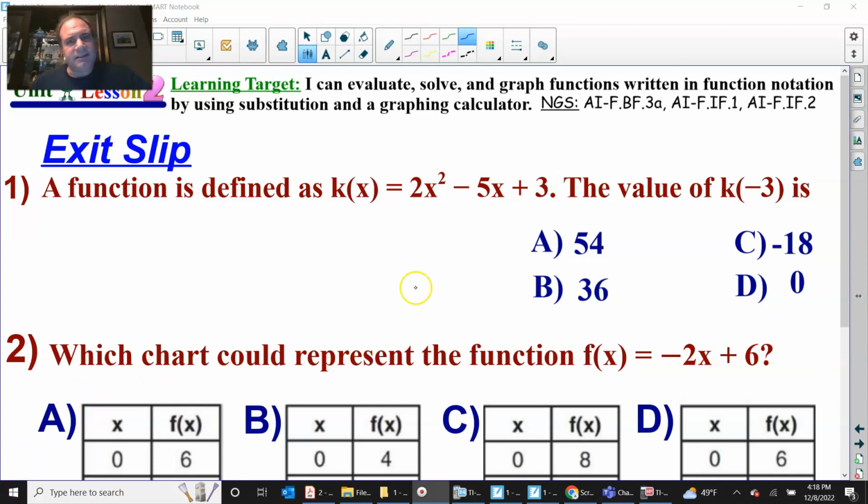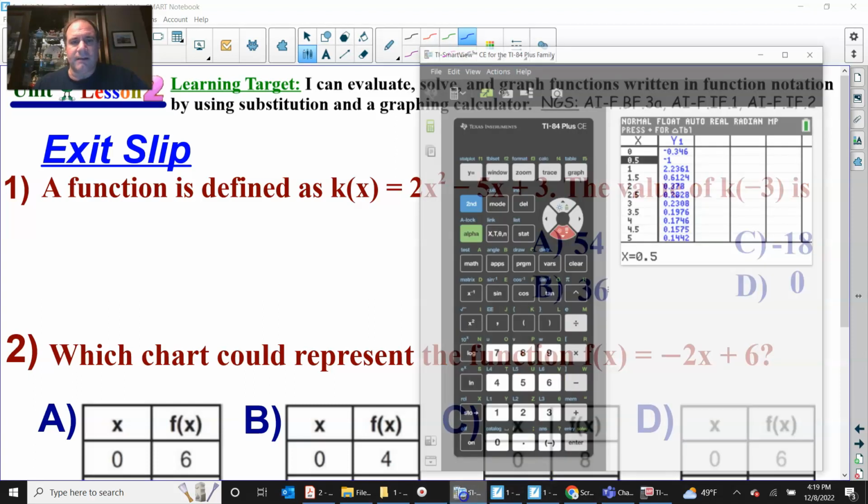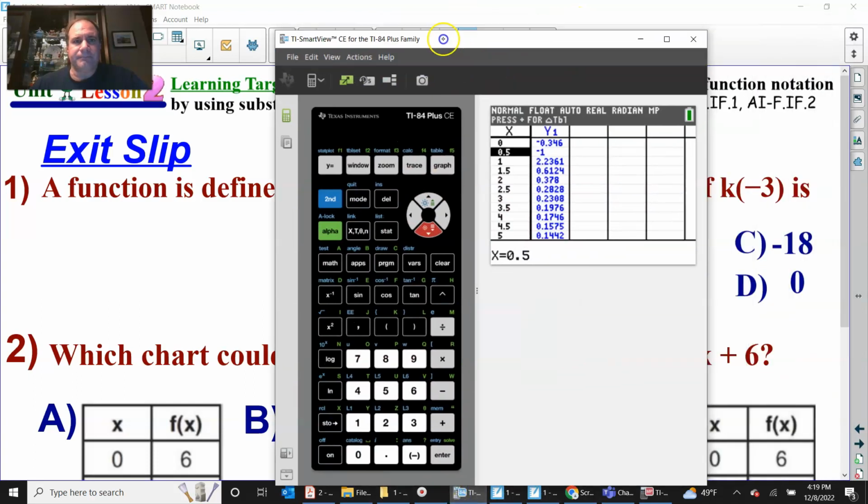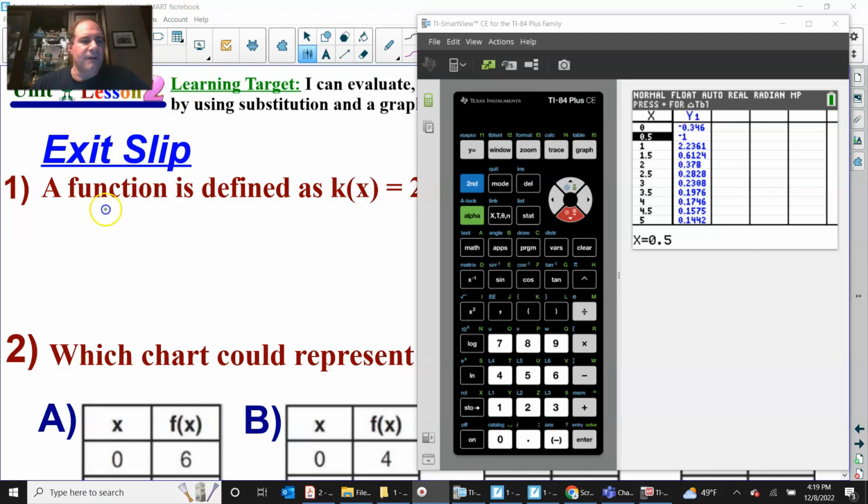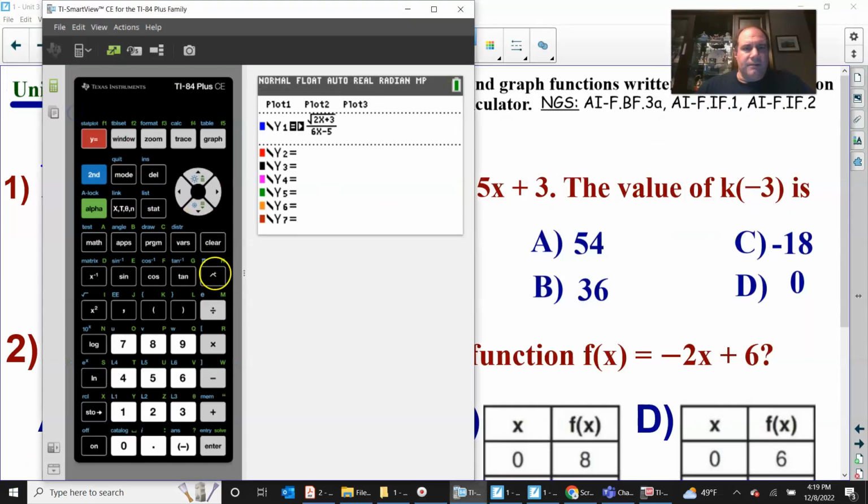So in all honesty, you see this right here. It's a trinomial. I am not going to substitute this -3 in and find out what that is as a value. I'm not doing it. So I'm going to grab the calculator. My calculator is my friend. And I'm going to substitute that in.